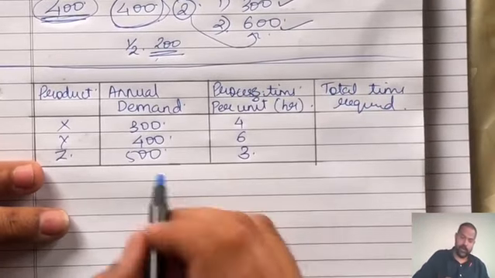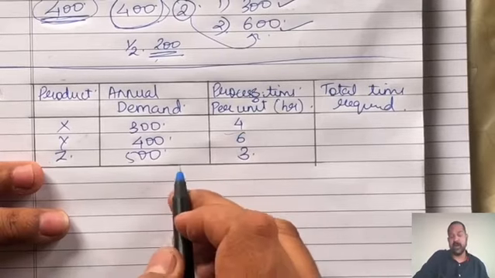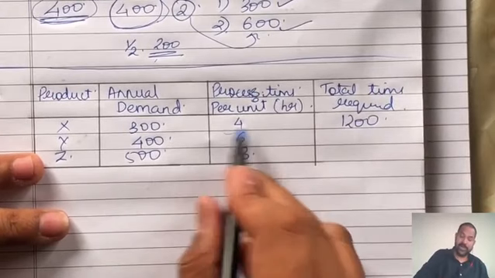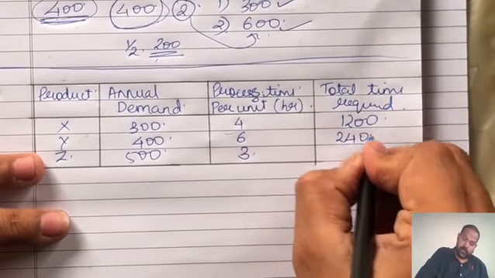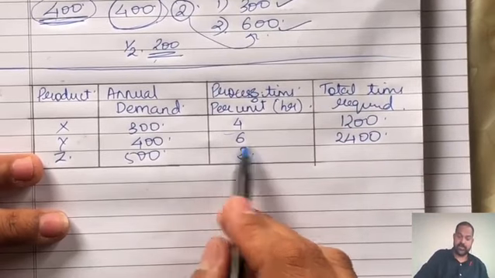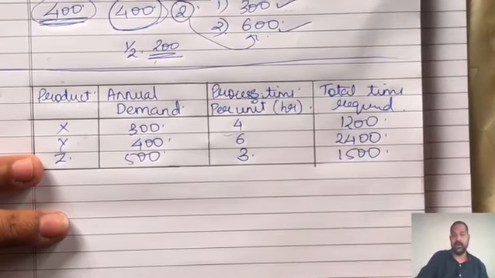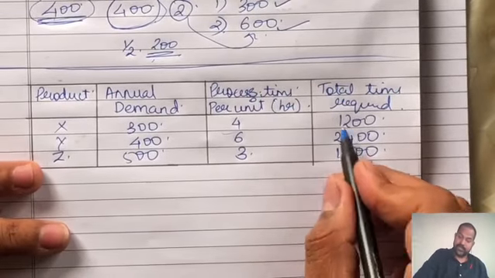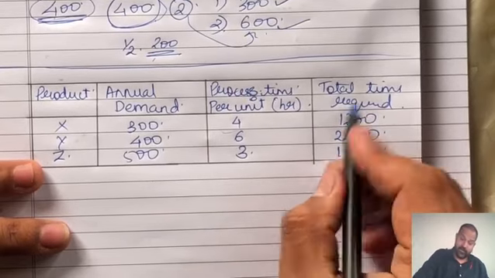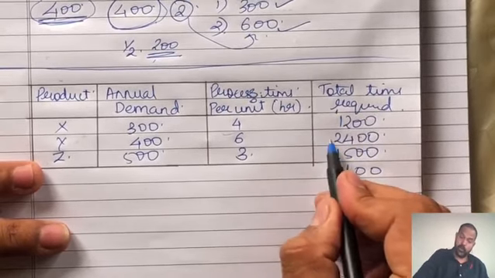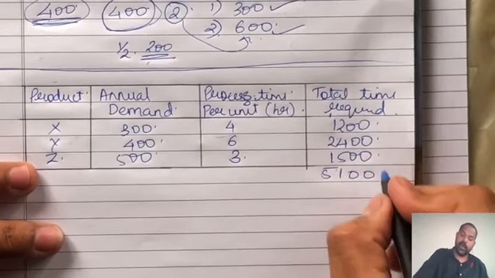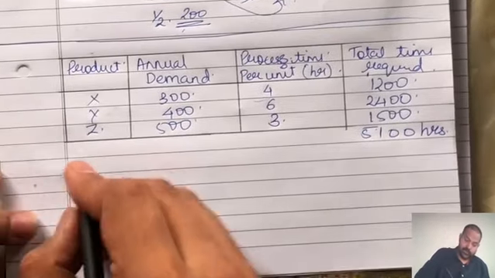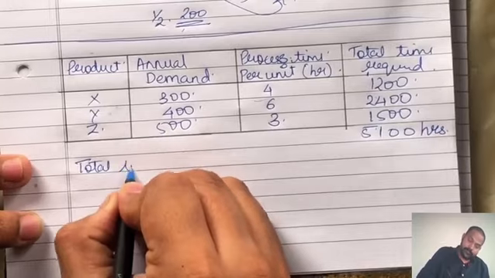What is going to be the total time required? 1 unit requires 4 hours, then 300 units is 4 3s are 1200 hours. 1 unit requires 6 hours, 6 4s are 2400 hours. 1 unit requires 3 hours, 3 5s are 1500 hours. The total is 5100 hours.